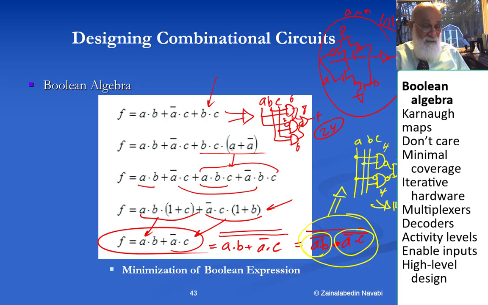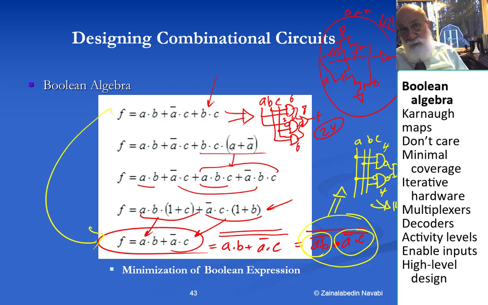So by minimizing this, I was able to reduce 24 to 14, 10 transistors saved here. So why do we use Boolean algebra? For exactly what I'm showing: for reducing the delays in the circuit, or manipulating the expressions to come up with smaller circuits, to save on transistors, to save on delays, to save on the number of gates, and so on.